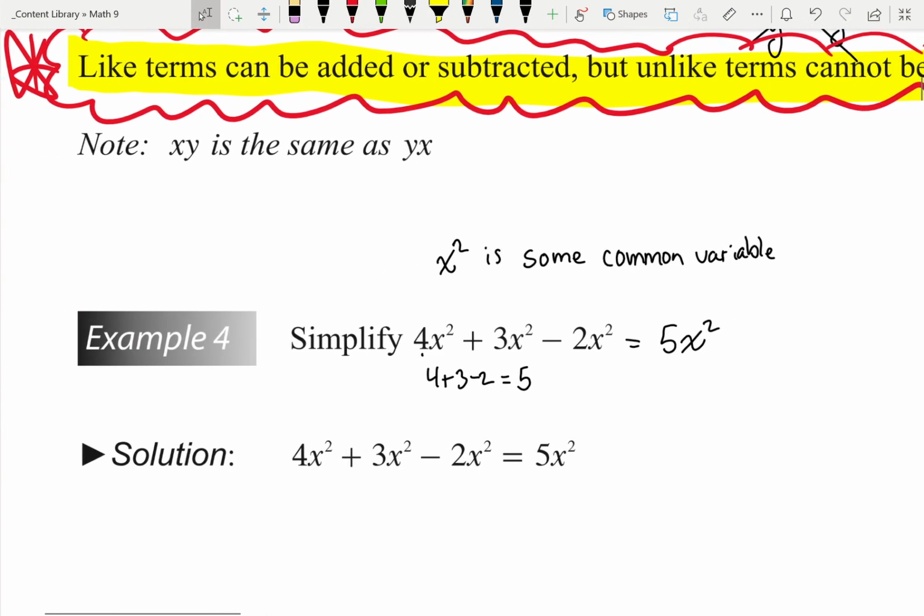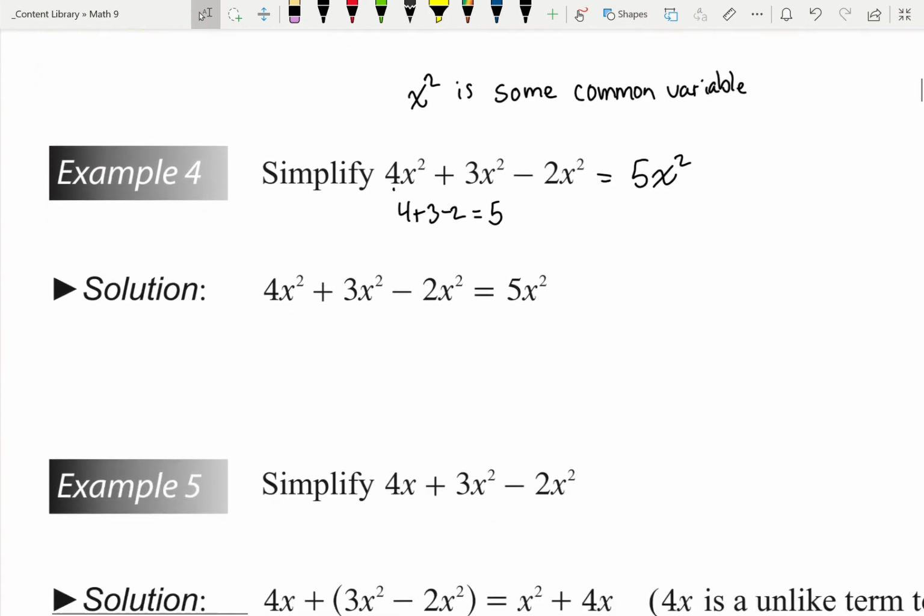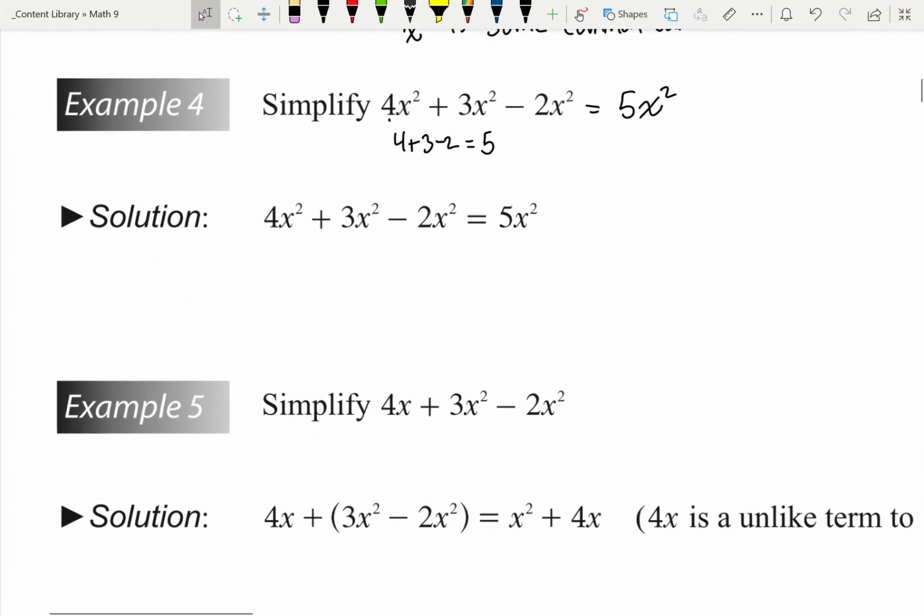Now, that's if they are common, I can work with them nicely. So here, I have, to simplify, 4x and then 3x squared and 2x squared. So the like terms, I'll circle in green, so I have plus 3x squared, and then I have minus 2x squared. 4x is unlike, so I can't do anything with it.